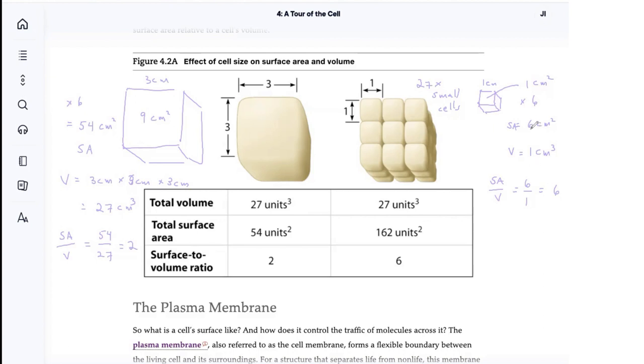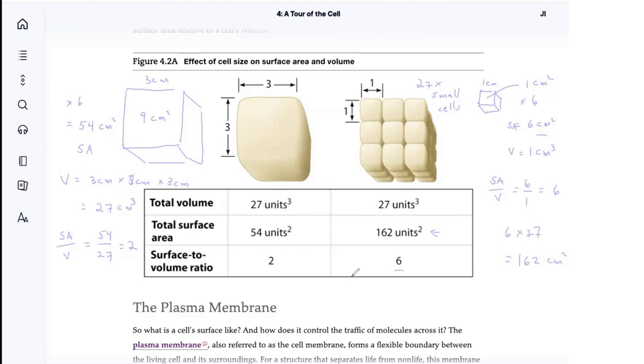Each small cell has a surface area of 6 centimeters squared, so 6 times 27, and that's going to give us 162 centimeters squared, which is the unit that we have right there, right? In other words, if you take the surface area divided by the volume, you still have that ratio of 6. And so that's a geometry-based argument that you're going to hear again and again.